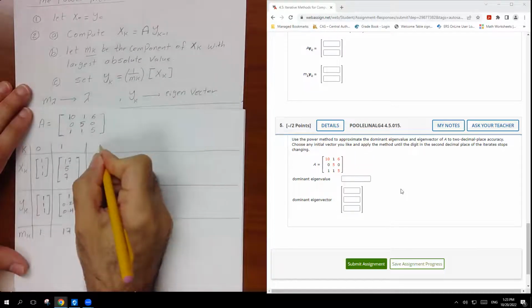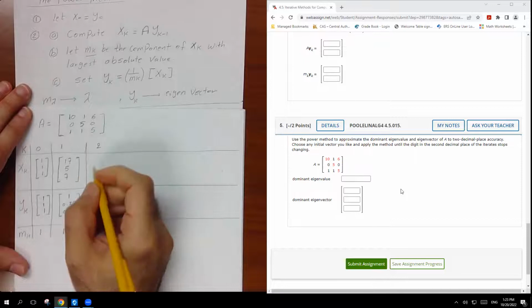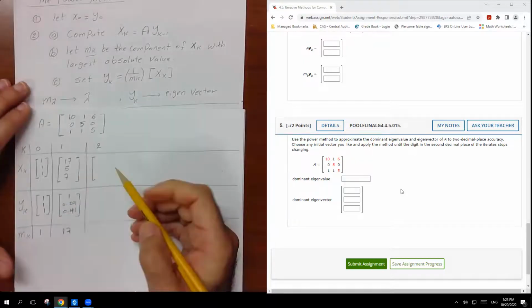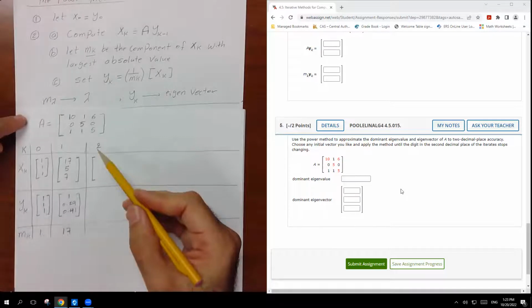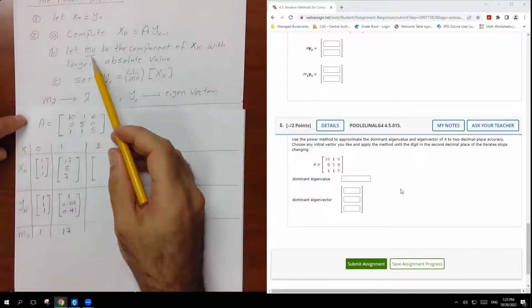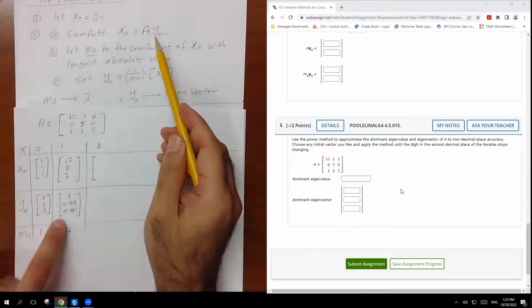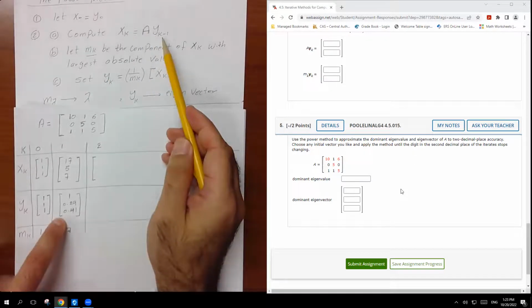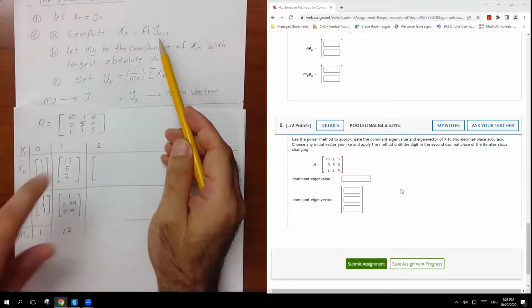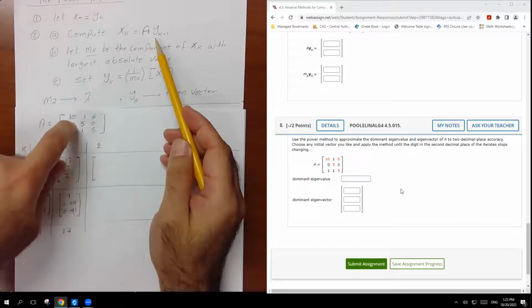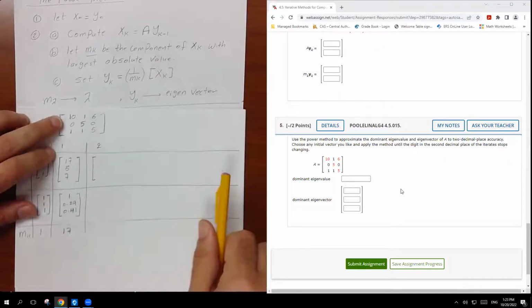Now, when k equals 2, I'm going to do the same steps. For k equals 2, I need to find the xk, which is a times yk minus 1, the previous y. So to find this one, I have to multiply the previous yk minus 1 times a. So it's going to be 10 times 1.